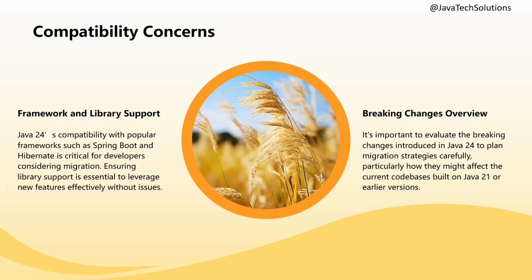Breaking changes: it is important to evaluate the breaking changes introduced in Java 24 to plan migration strategies carefully, particularly how they might affect the current code base built on Java 21 or earlier versions. So we need to do a little analysis of this, and then consider those scenarios if we are going to migrate to Java 24.